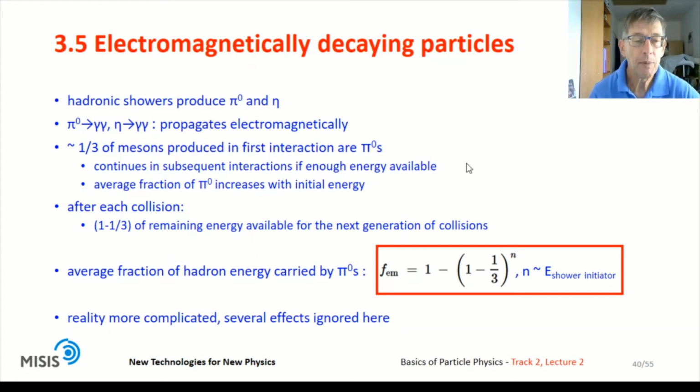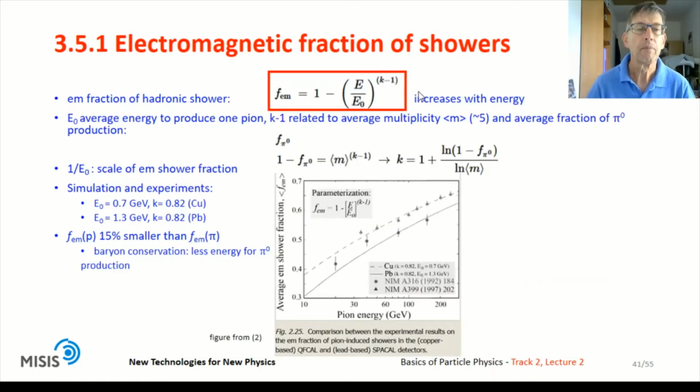The reality is a bit more complicated. We don't only have pi zeros, so 1/3 is an upper limit, and there are other effects which mean that this number n is not completely proportional to the energy. It turns out that there's a formula that describes it better, which is 1 minus E divided by E0, to the power k minus 1.